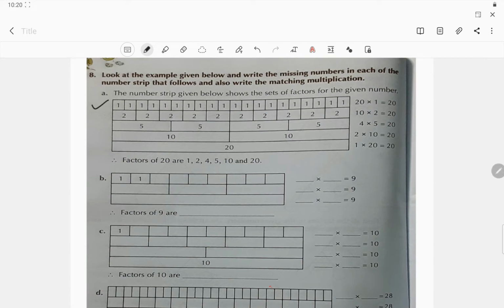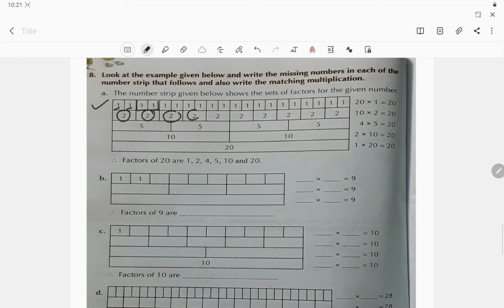If you check, 2 1s, right, so they are writing 2. Similarly 2, because they are collecting 1 and 1 and they have written 2.